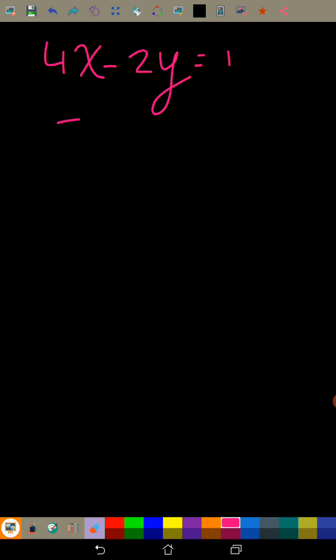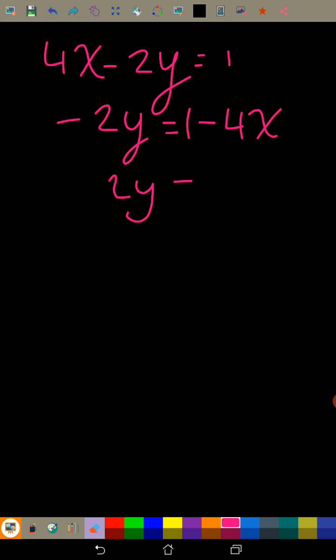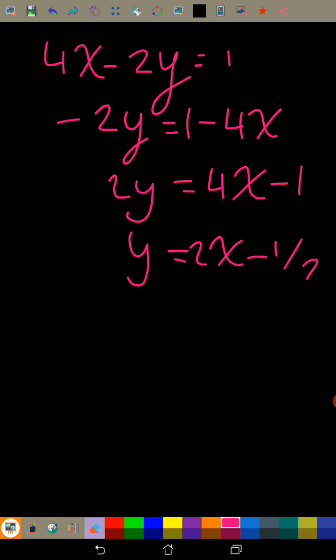So we have minus 2y is equal to 1 minus 4x, and we have 2y is equal to 4x, just to get rid of the negative here. And then we have y is equal to 2x minus half by dividing by 2 on both sides. So we get this.